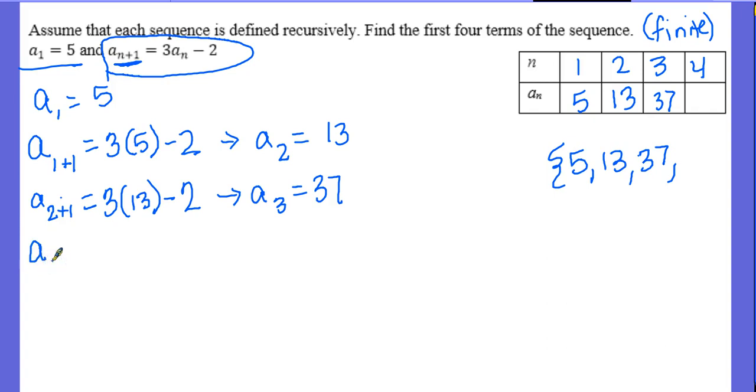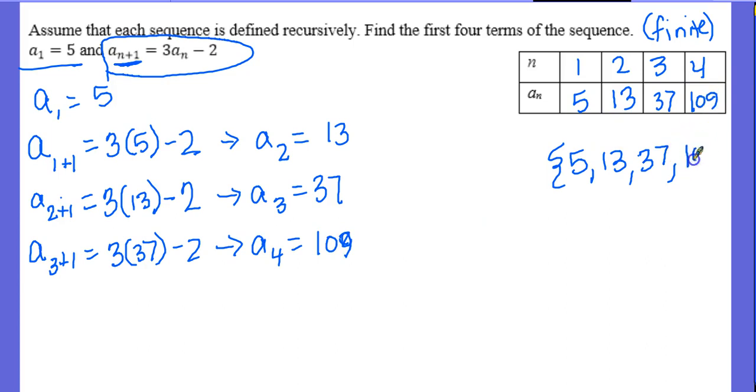No. Look at how I wrote it: 3 times 37. There you go. Minus 2. If I now do the math for that, that's my A sub 4, which is 111 minus 2, 109. And there we have it: our finite first 4 terms of the sequence using the recursive rule.